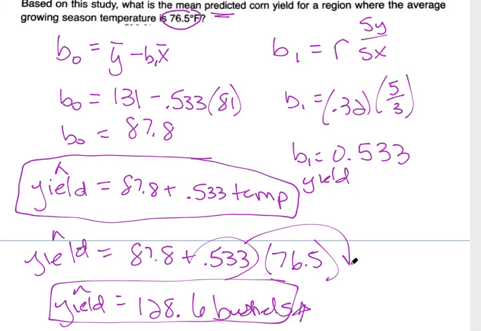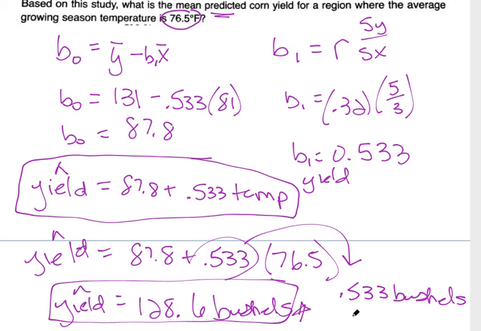All right, so in context of the problem, the slope means for every 1 degree increase in temperature, we should see an increase of 0.533 average bushels produced.